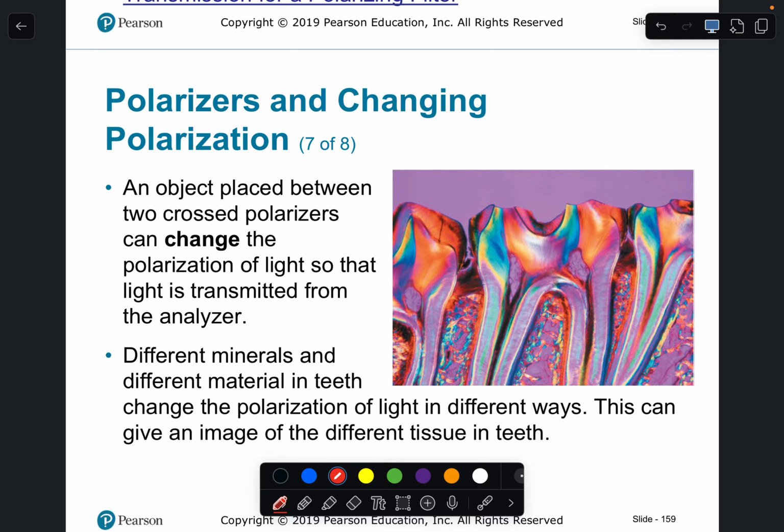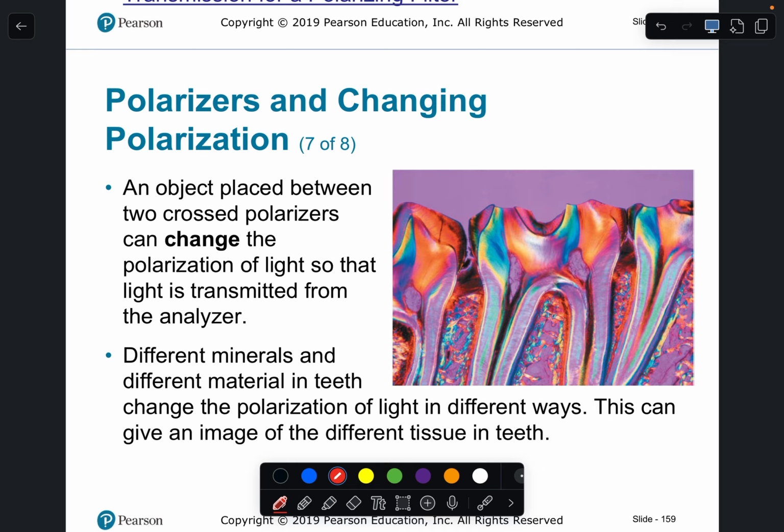That helps you identify regions where the tooth enamel has changed into something other than tooth, like when bacteria eats away at your enamel and it is no longer crystalline. It becomes like a random mush of bone, I guess, or whatever makes up the teeth, right? And that is going to affect the polarization of light as it reflects off of the teeth.